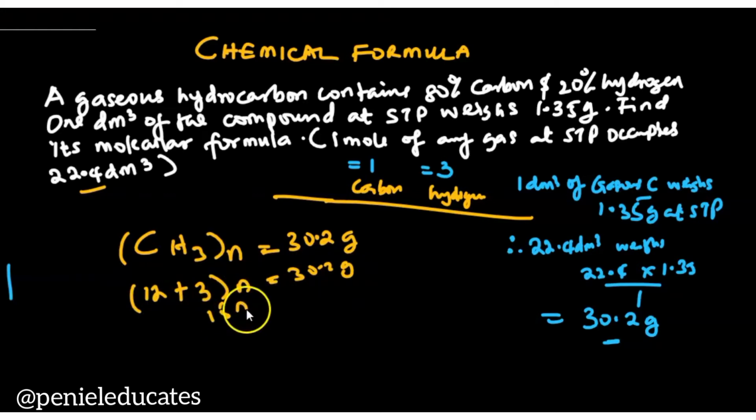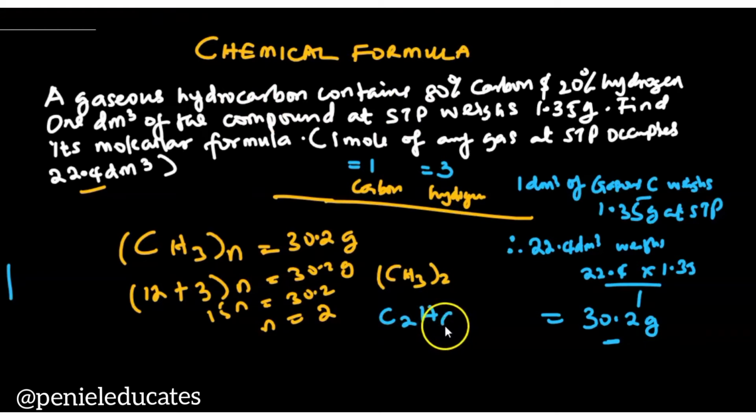Then 15N will be 30.2, and we have our N to be 2. So our molecular formula is CH3 into 2, which is C2H6. This is our molecular formula, C2H6.